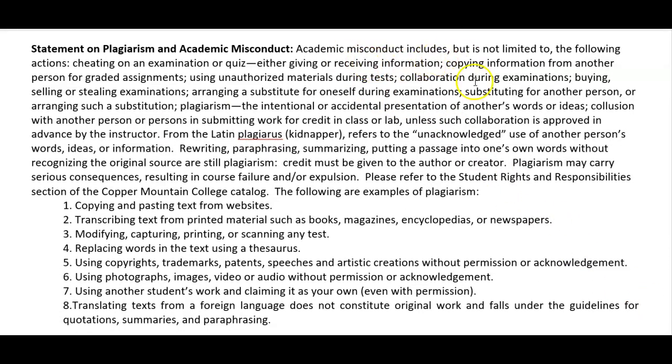Academic misconduct includes, but is not limited to, the following actions: cheating on an examination or quiz, either giving or receiving information, copying information from another person for graded assignments, using unauthorized materials during tests, collaboration during examinations, buying, selling, or stealing examinations, arranging a substitute for oneself during examinations, substituting for another person or arranging such a substitution, plagiarism, which is the intentional or accidental presentation of another's words or ideas, collusion with another person or persons in submitting work for credit in class or a lab, unless such collaboration is approved in advance by the instructor.